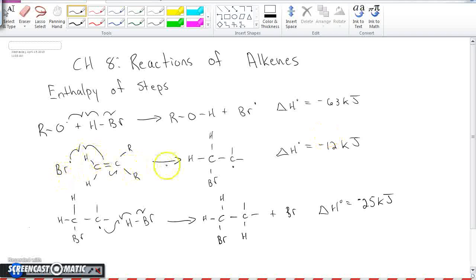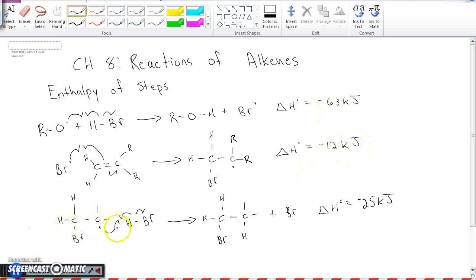The second step is going to be the ultimate formation of the radical, which goes on the more substituted side. So let's put in the alkyl groups, or our R groups, and the bromine goes to the less substituted carbon. Here we have negative 12 kilojoules, so this is higher energy.